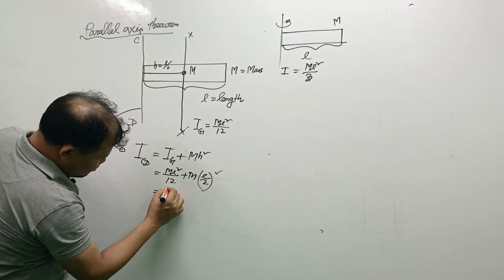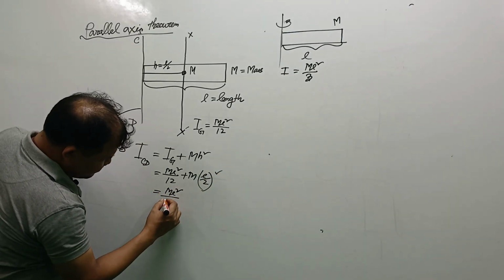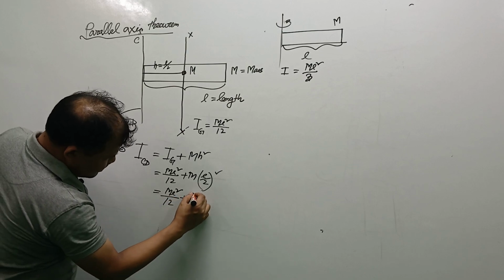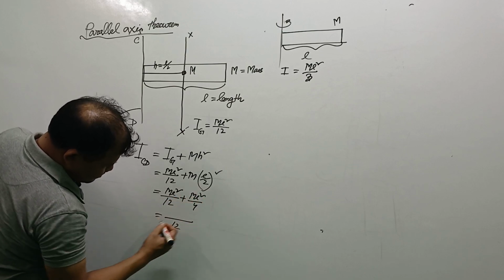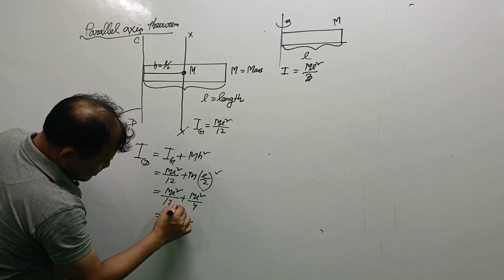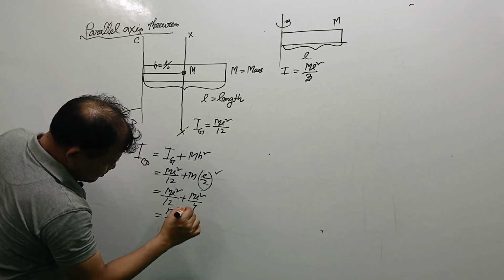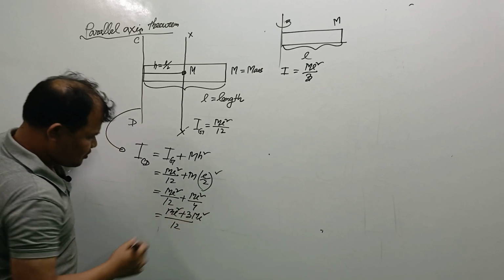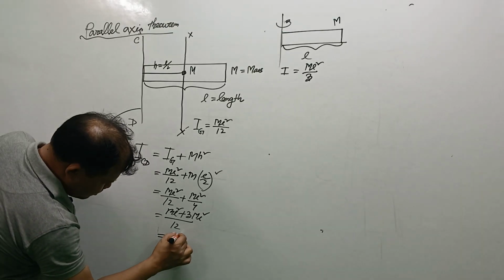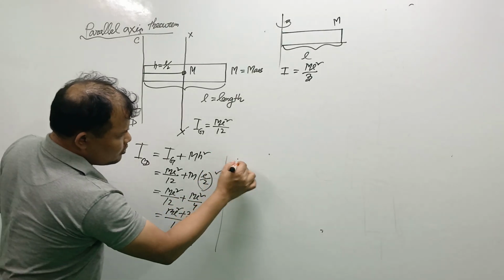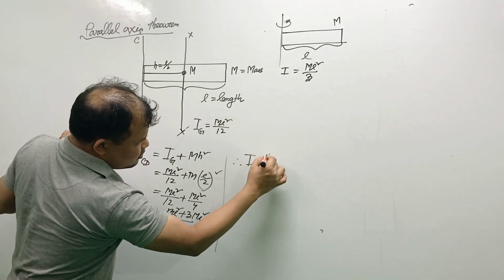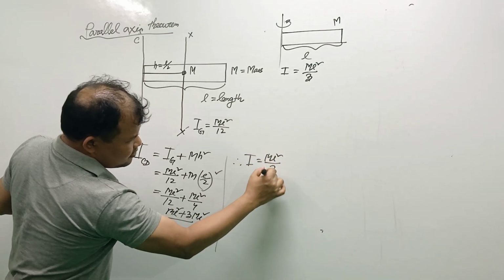After solving this equation, we get mL² divided by 12 plus mL² divided by 4. Now we take the LCM: mL² plus 3mL², so 4mL² divided by 12. Now we get I equals mL² divided by 3.